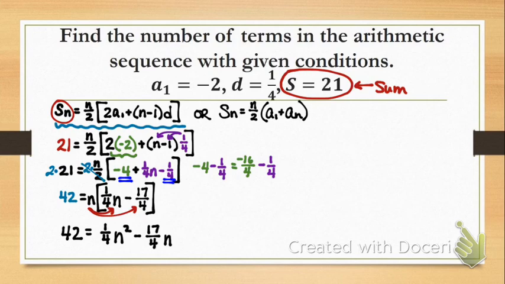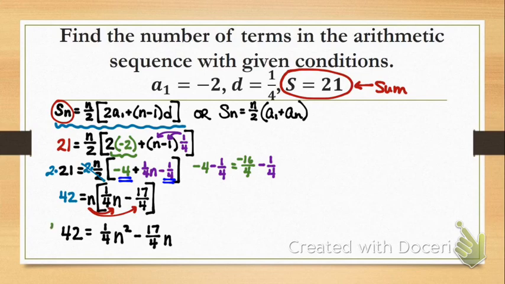What do you think we should do from here? You can get 42 to the other side. If we're going to factor, are you guys okay if we get rid of that denominator? How can we get rid of the denominator here?